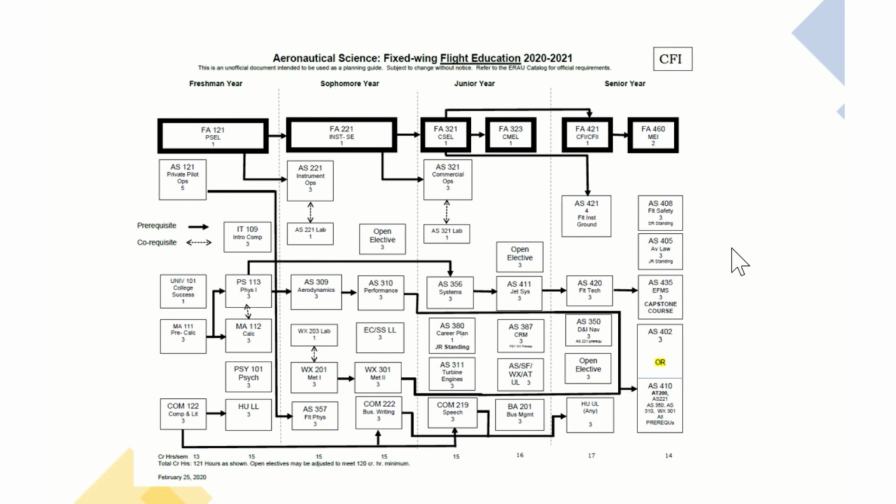And if you were to lose that medical, I want you to think about what would you do, what's your backup plan. And so working on that master's degree once you're a CFI is kind of a nice thing to start thinking about. I can also really appreciate the fact that not every student wants to go that route.